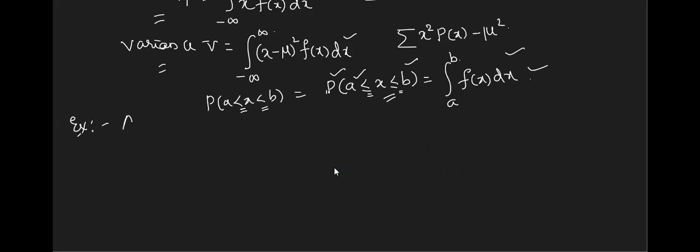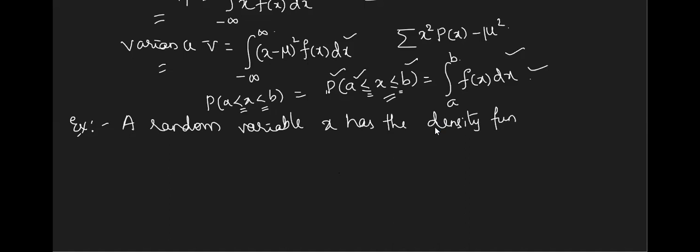Okay, write down. A random variable x has the density function f of x equal to kx square for 0 less than or equal to x less than or equal to 3 and 0 elsewhere.